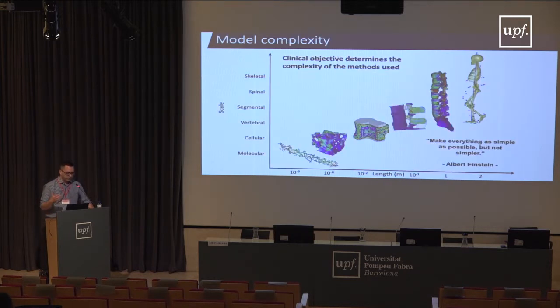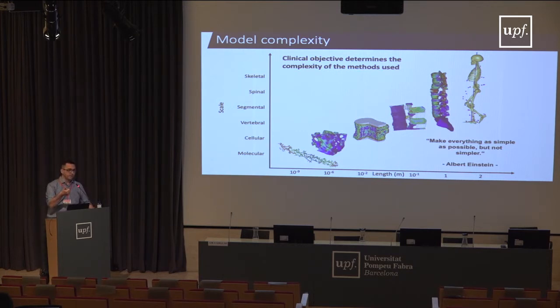Regarding model complexity, I can't tell you a better expression than Albert Einstein did: try to make everything as simple as possible, but not simpler. So finding a good level of complexity or simplicity is important in the implementation of a project.